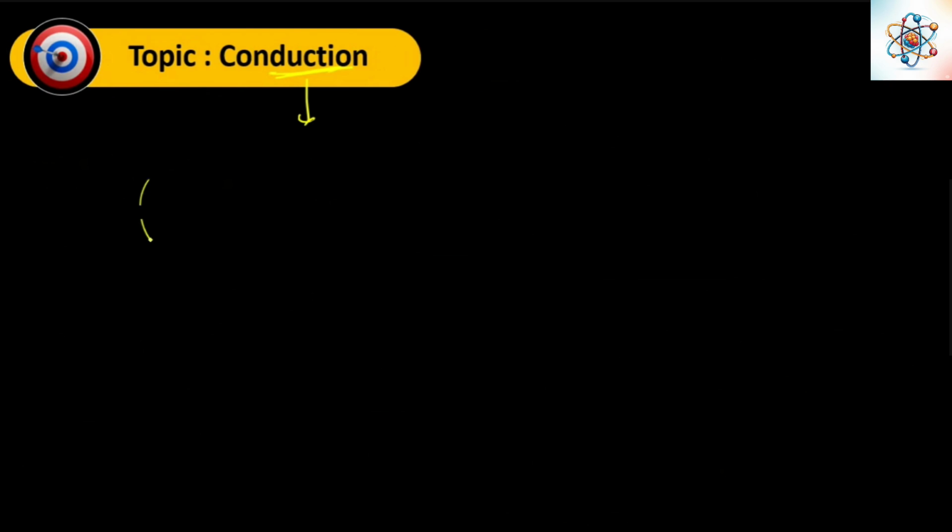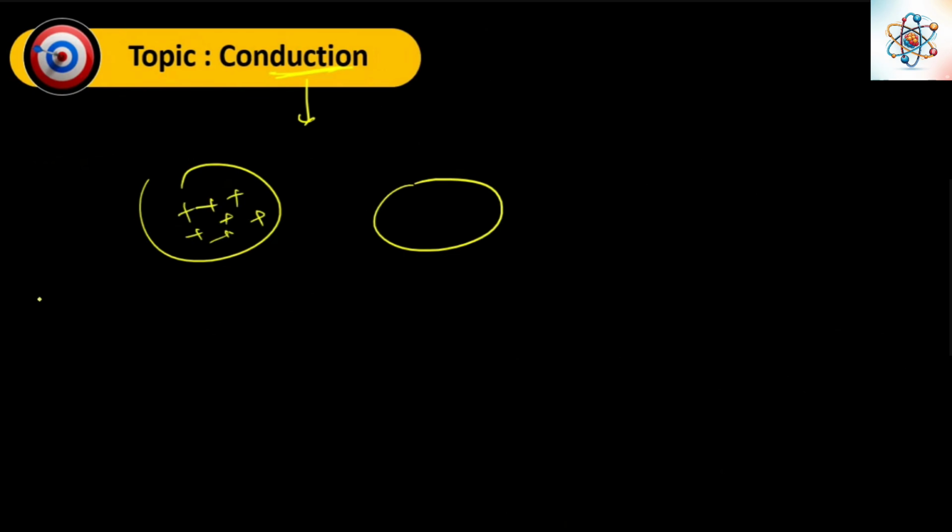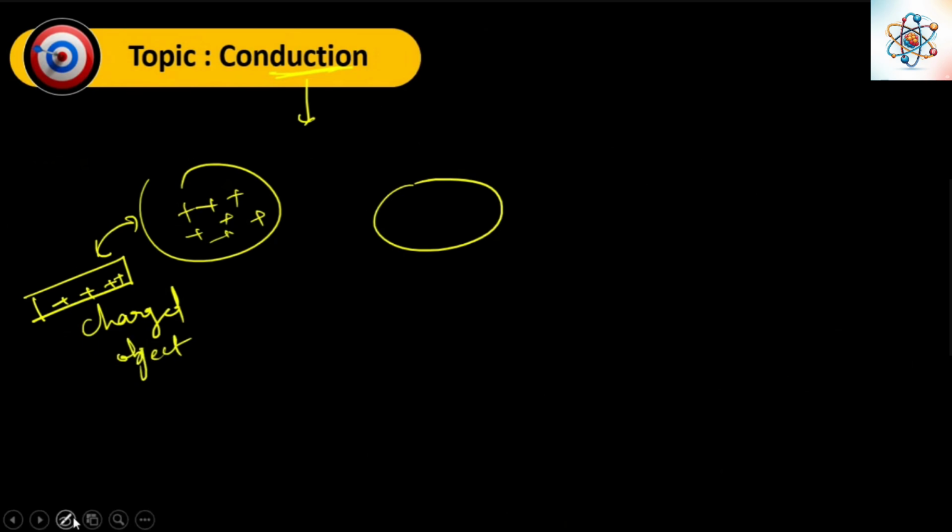Then conduction. Metals have this property, as I said, so they can willfully become positive and negative. What we have to do is just get them in contact with some sort of charged object which can transfer charge from itself to the object being touched.